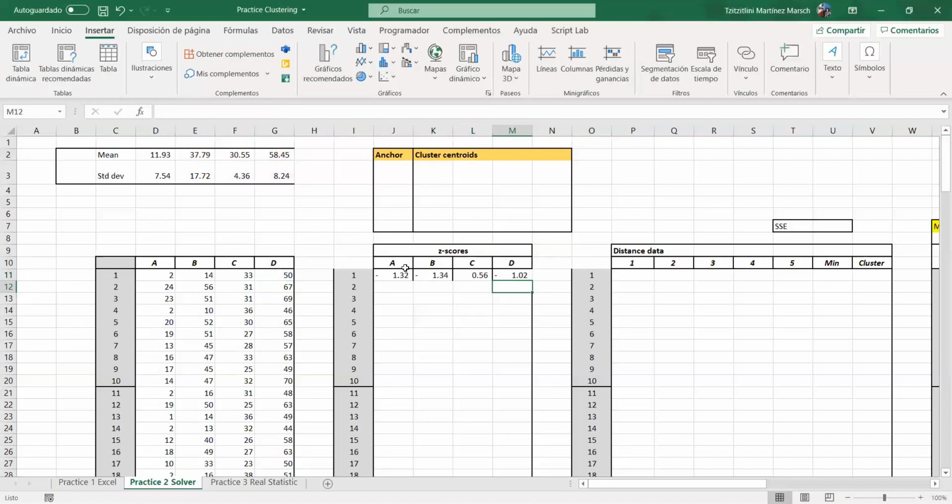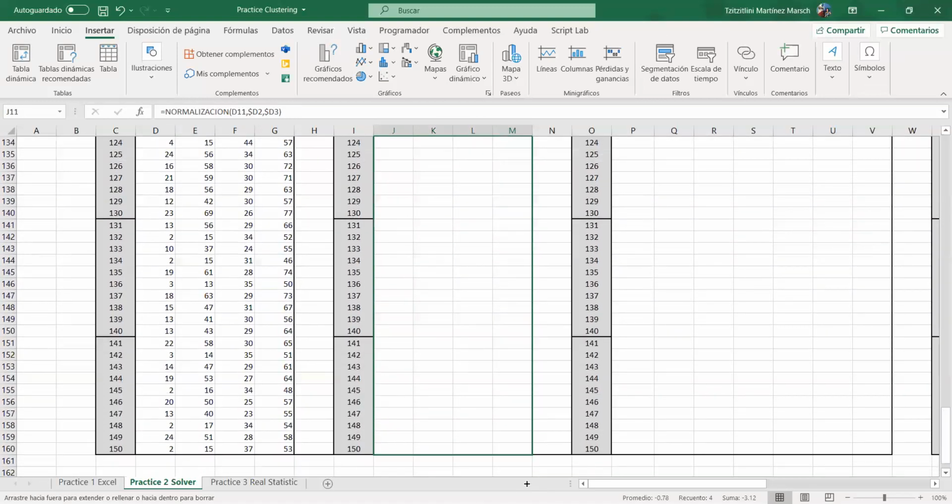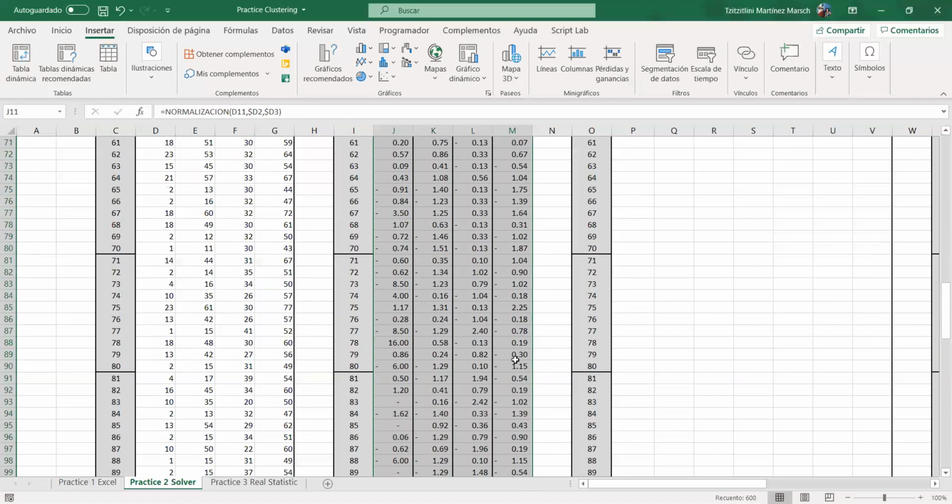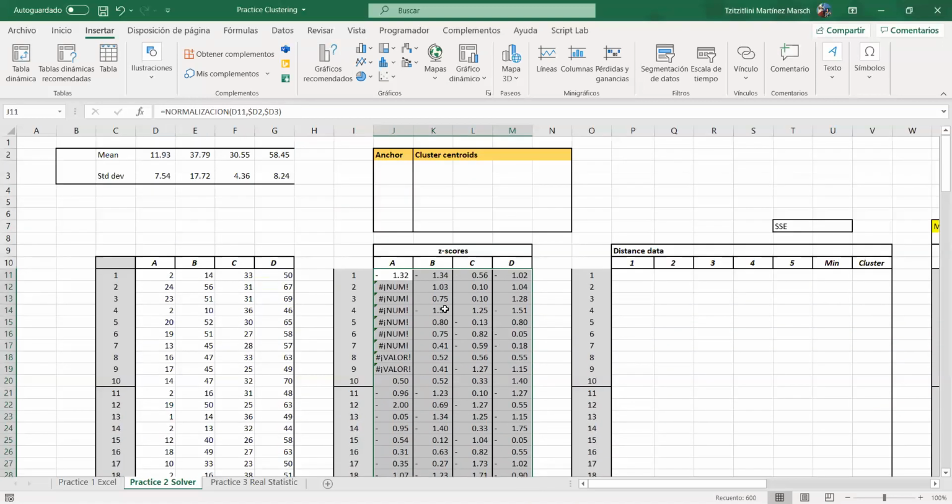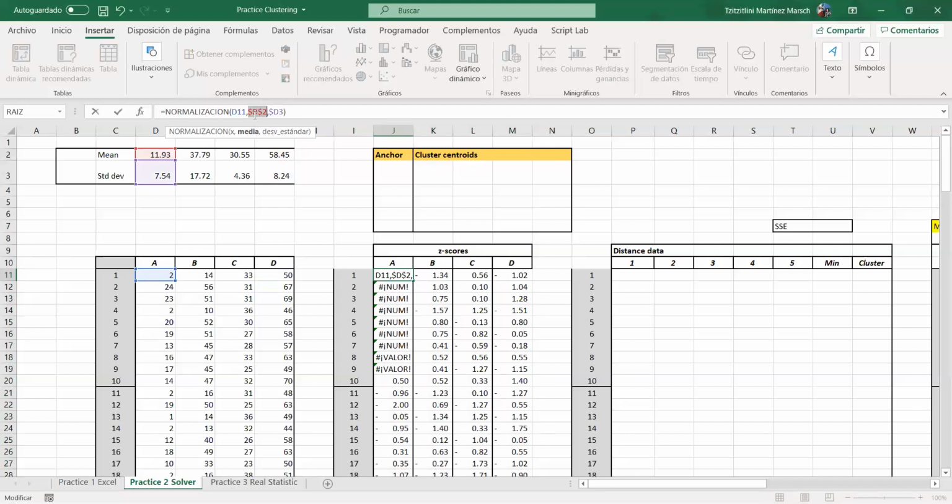Okay, so here we have it. We pull it down for everyone except for the A.